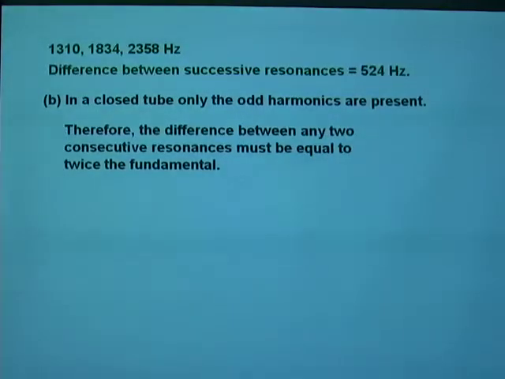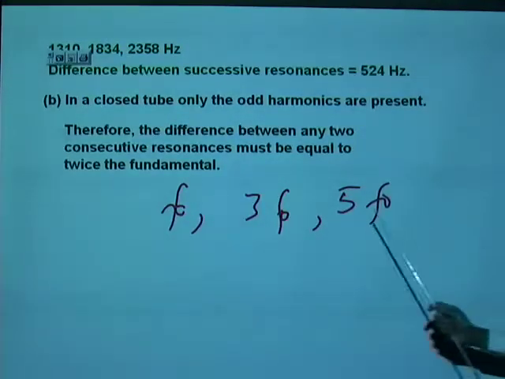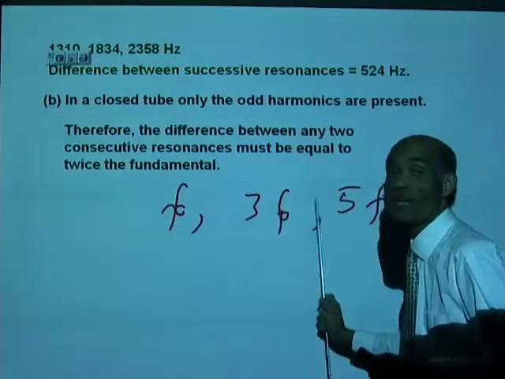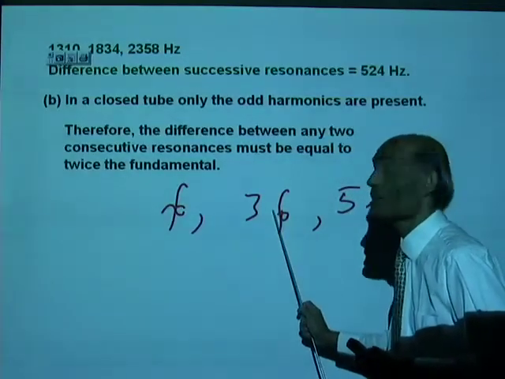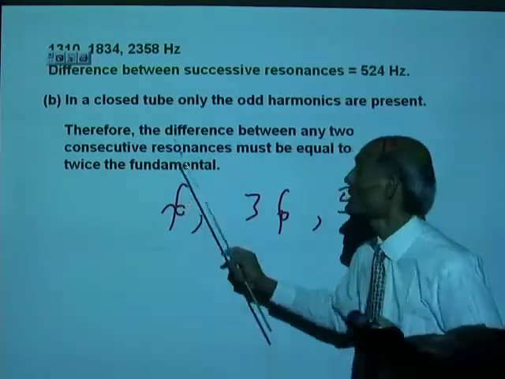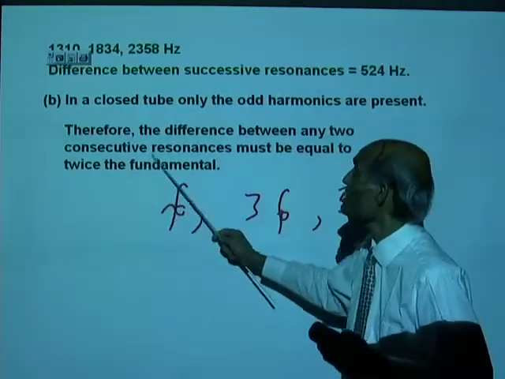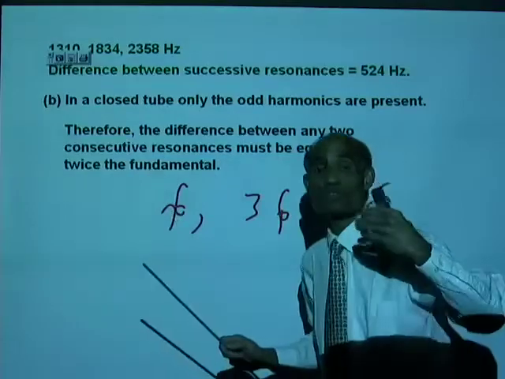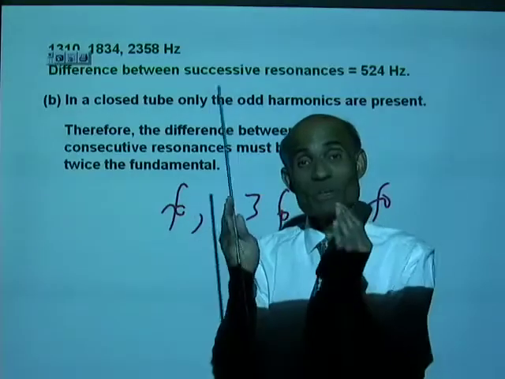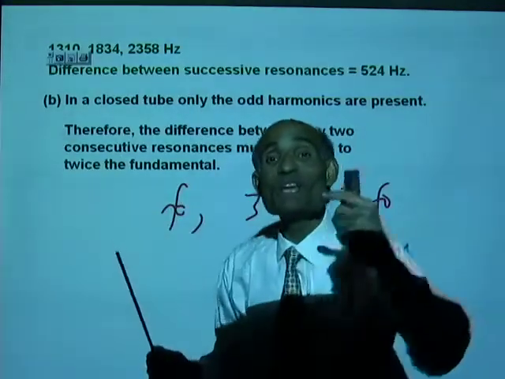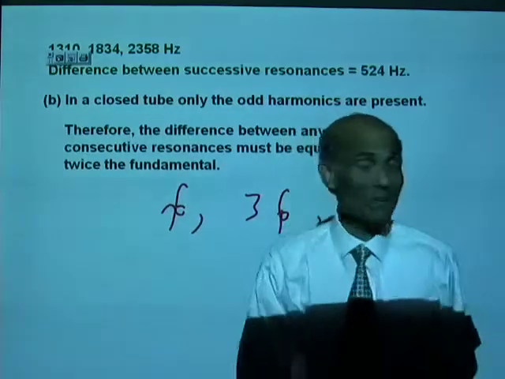In a closed tube, you have the fundamental, then you have 3 times the fundamental, then you have 5 times the fundamental, and therefore if you take the difference between any two consecutive resonances, 5F0 minus 3F0 is 2F0. The difference between any two consecutive resonances must be equal to twice the fundamental in a closed tube. Whereas in an open tube, the difference between consecutive resonances equal to the fundamental. You will see the difference there?